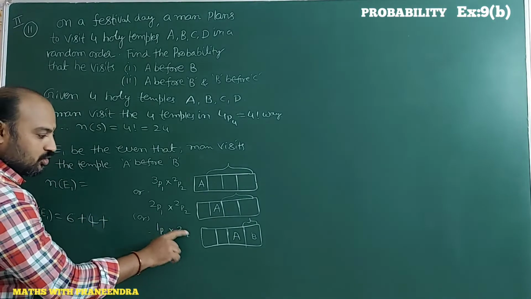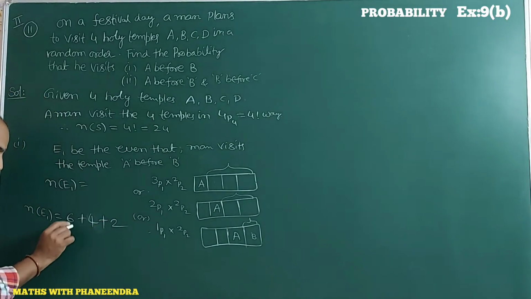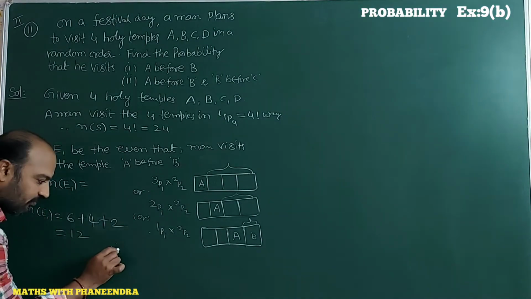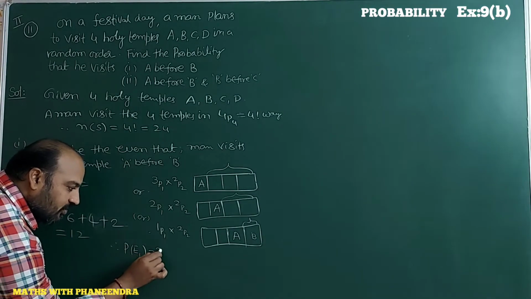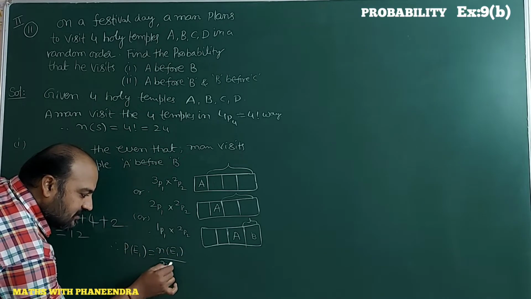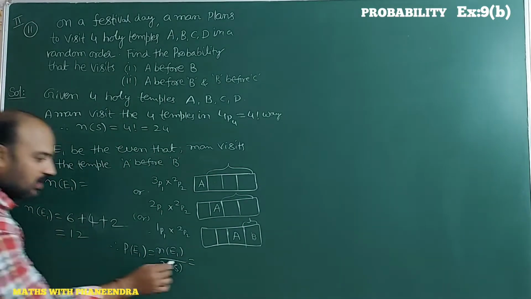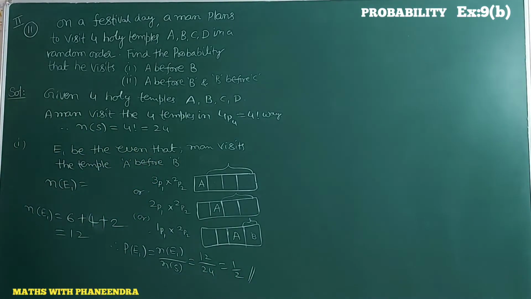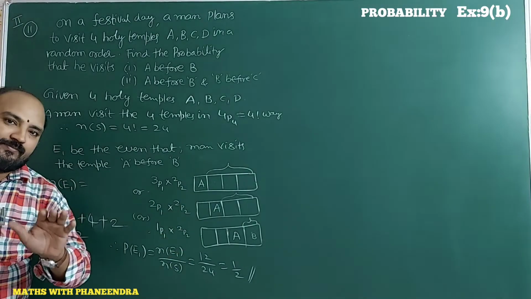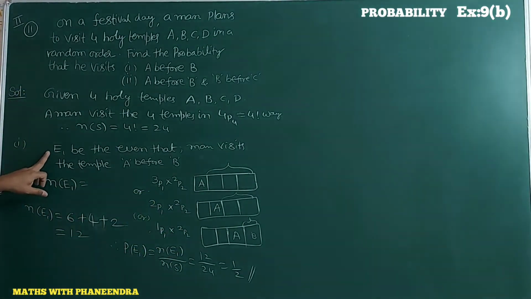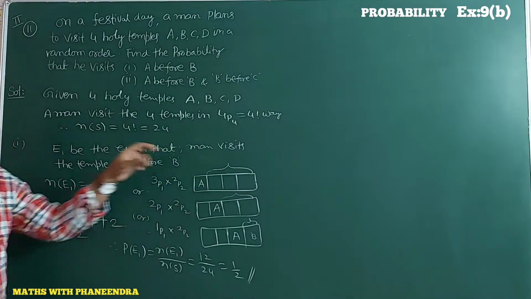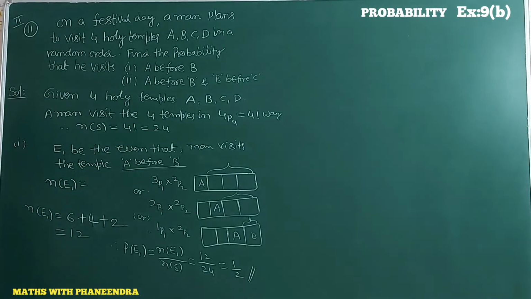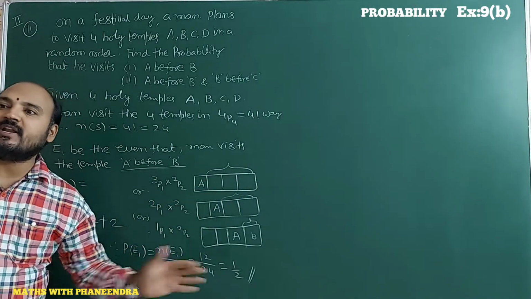Plus 2 into 1, 2. So 6 plus 4 plus 2 is 12 possibilities. Therefore, the probability of E1, P of E1 is equal to n of E1 by n of S. So n of E1 is 12. 12 by 24, that is equal to 1 by 2. I hope you people understand here. These are the possibilities that will come in the case of E1, the event that the man visits the temple A before B. The special case, A before B, these are the possibilities that will come out.